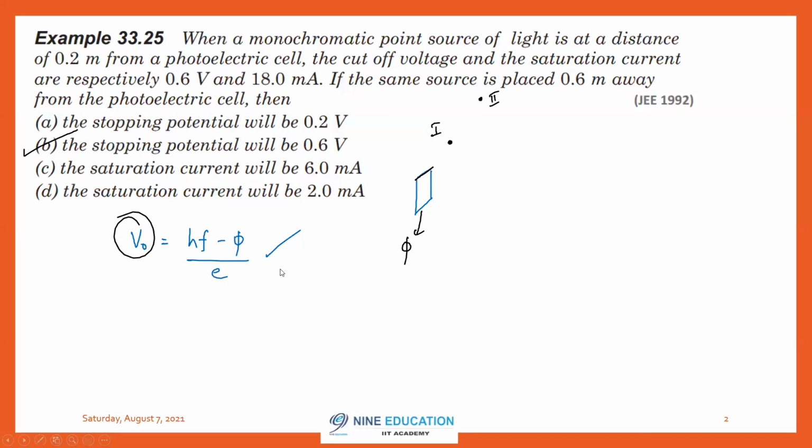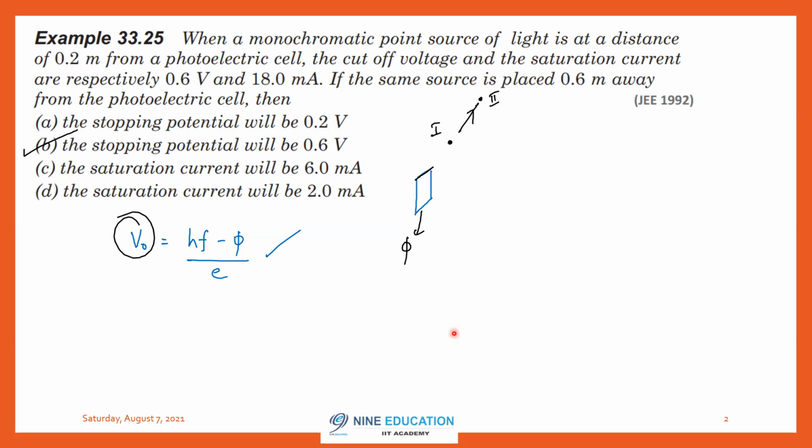Obviously, from common sense also you can guess that, because intensity will tell you how many photons are incident per second per area. So when you are moving away, is intensity increasing or decreasing? Tell me.